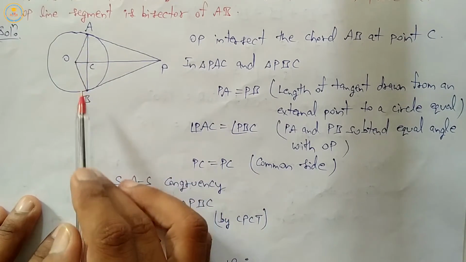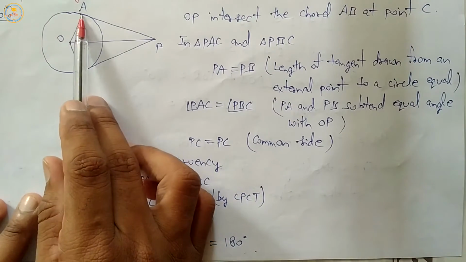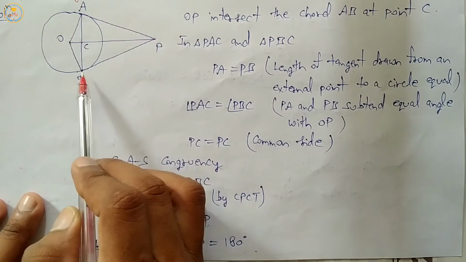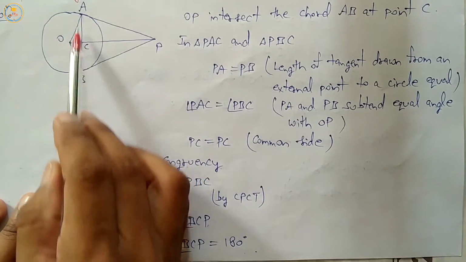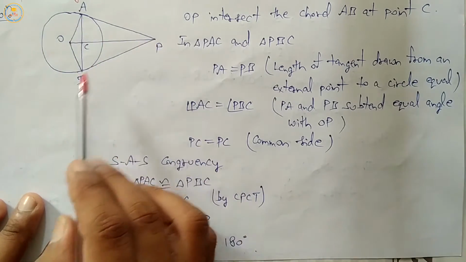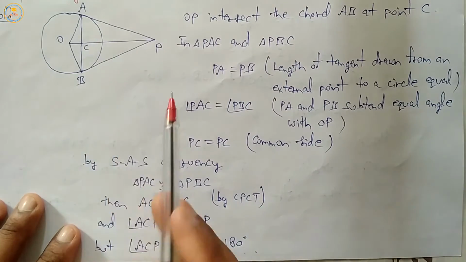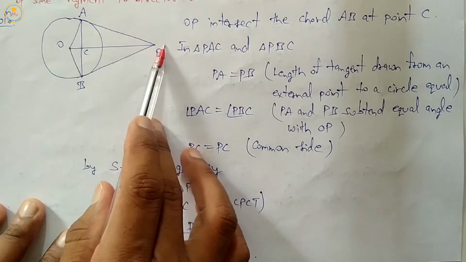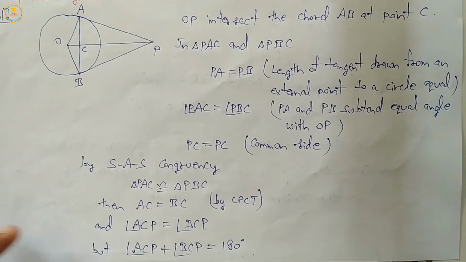Then AC equals BC, and angle ACP equals angle BCP, which are a linear pair on AB, so both are 90 degrees. It means OP is perpendicular to AB.